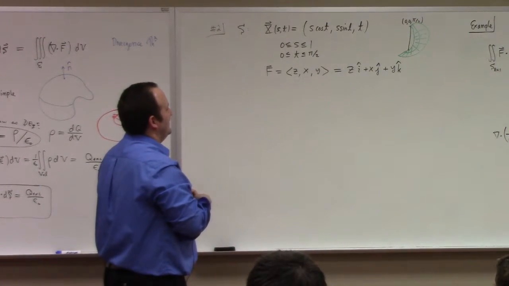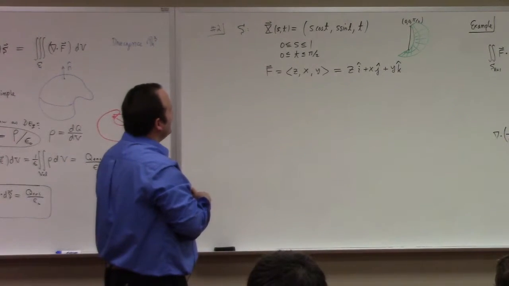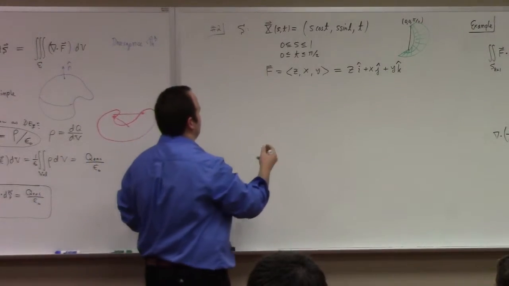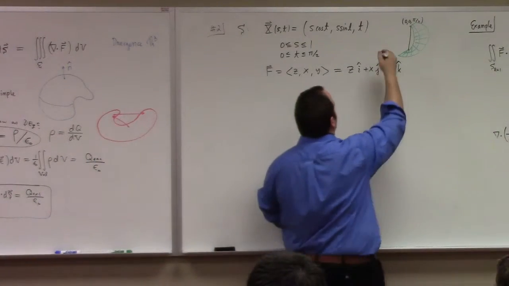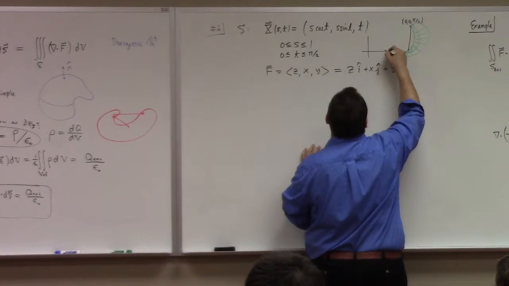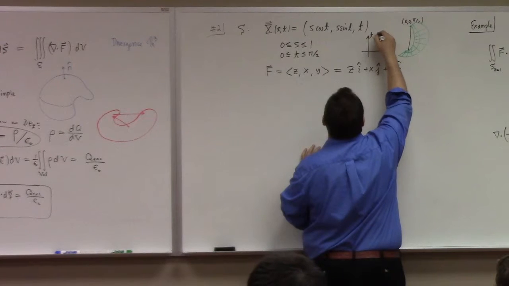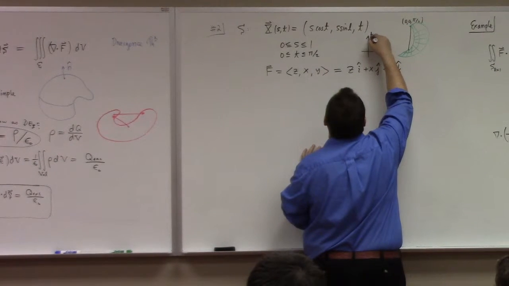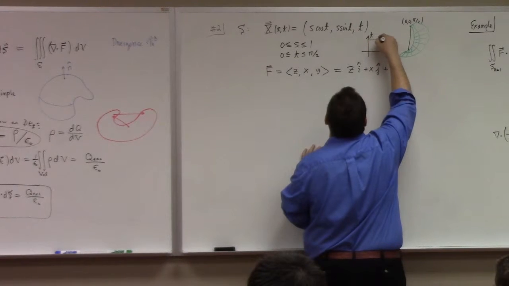Wow, that is a nice problem. What's the boundary of S? I think it's helpful to think about what this is. If this is S and this is T, we're basically mapping this rectangle.